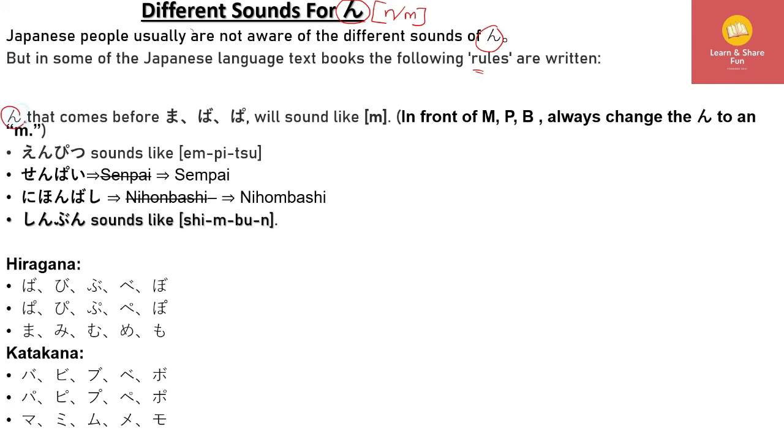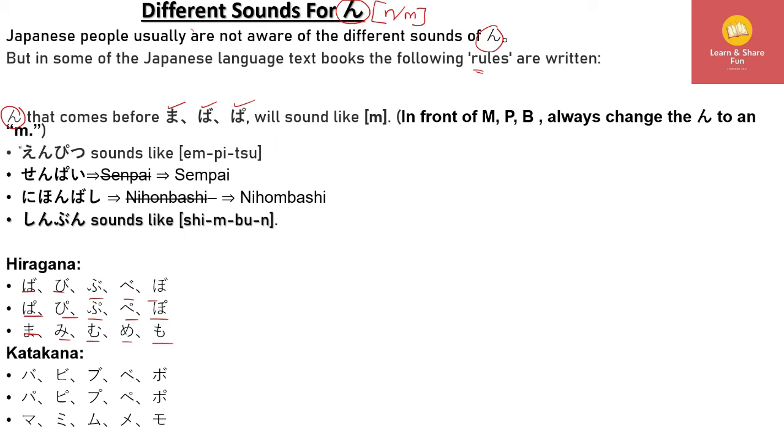When this letter comes before ma line, for example, ma, mi, mu, me, mo, or ba line like ba, bi, bu, be, and bo, and pa line like pa, pi, pu, pe, and po, it sounds like ma.